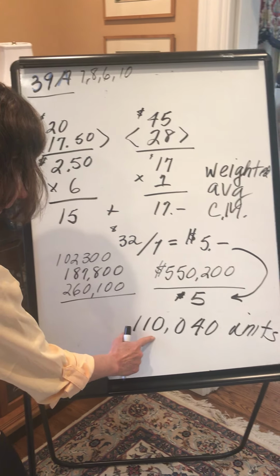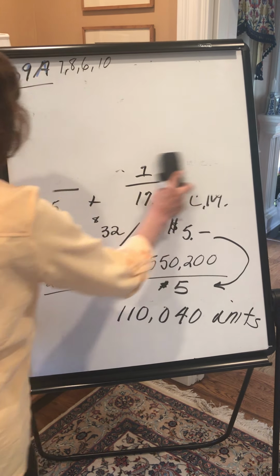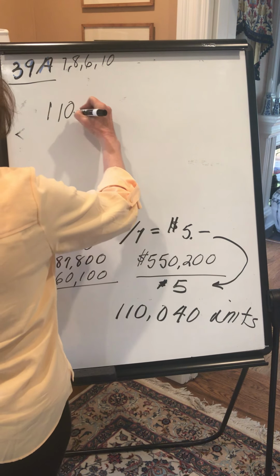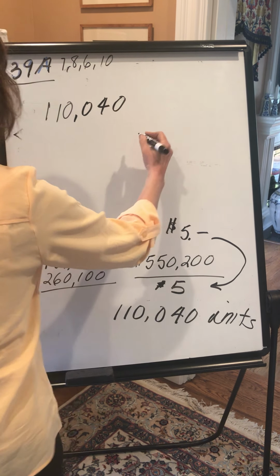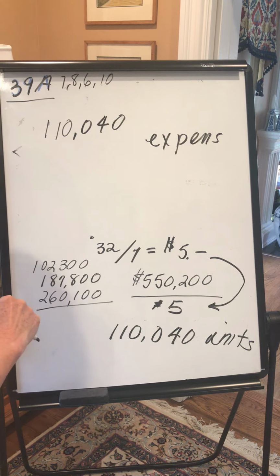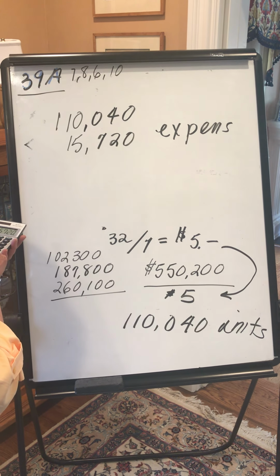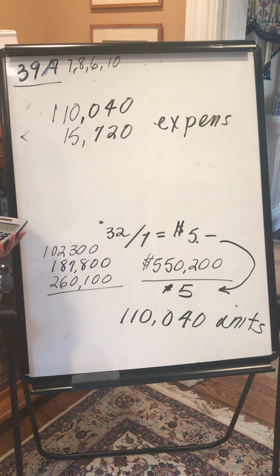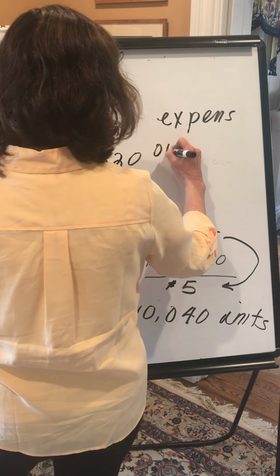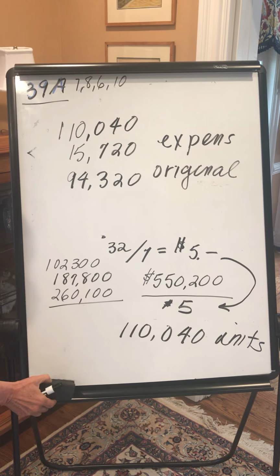So if we take 110,040 units and divide that by 7, we know the new expensive ones, we're going to need to sell 15,720 of those, which means we're going to need to sell the difference, 110,040 minus that, 94,320 of our original units. So this is our weighted average calculation.